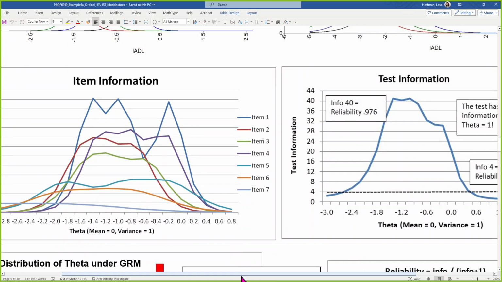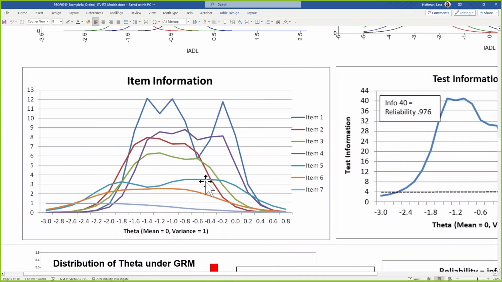Here are item information curves as estimated by M+ and plotted in Excel. And the height of these is due to difficulty or discrimination. Stick on this theme. The height of item information is controlled by difficulty or discrimination.